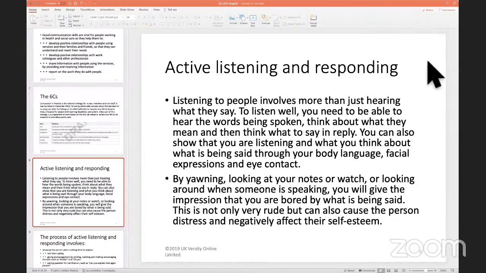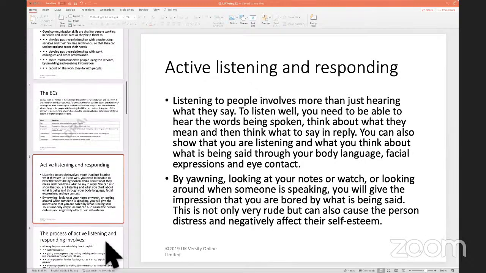So in those cases, at some stage, we have to ensure that you have the skills required to understand the individual and then appropriately respond.